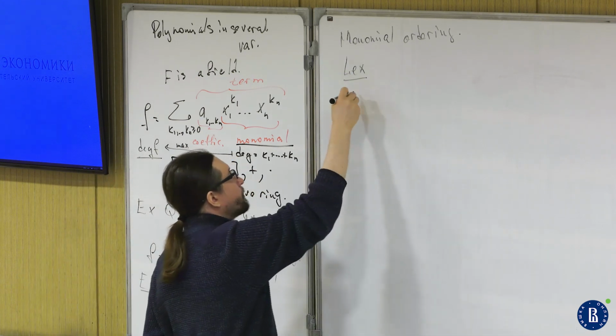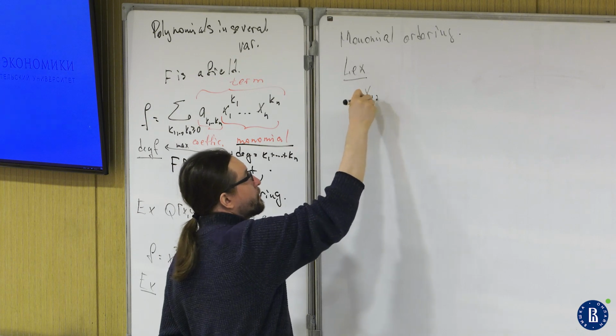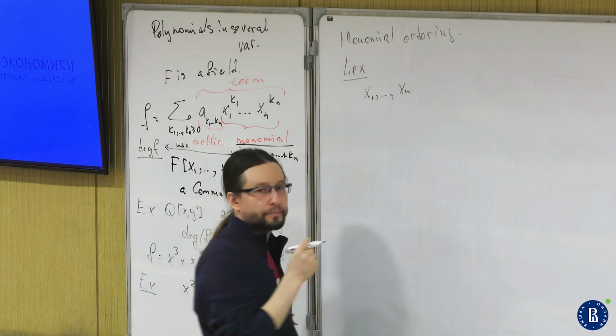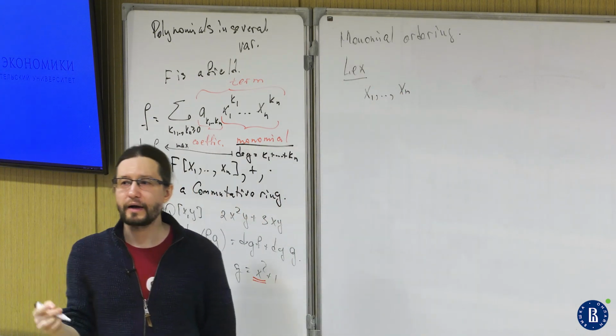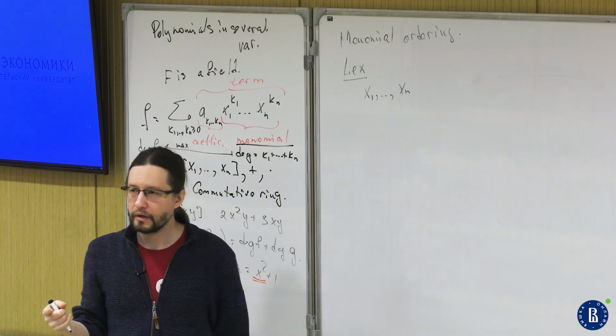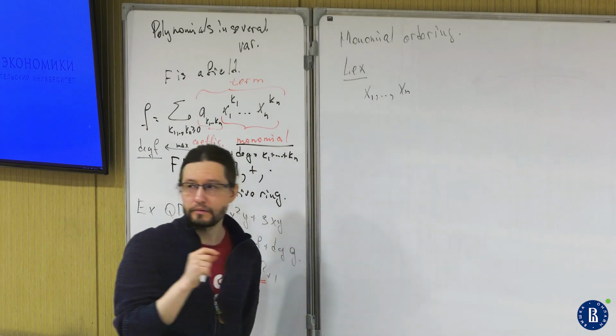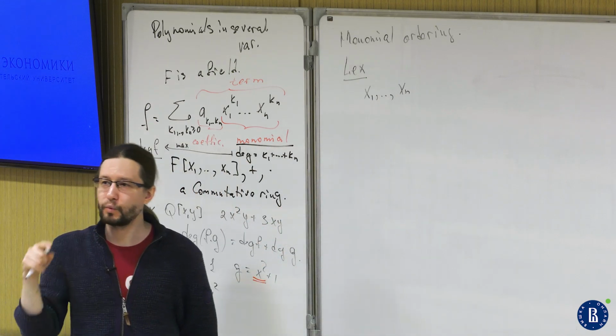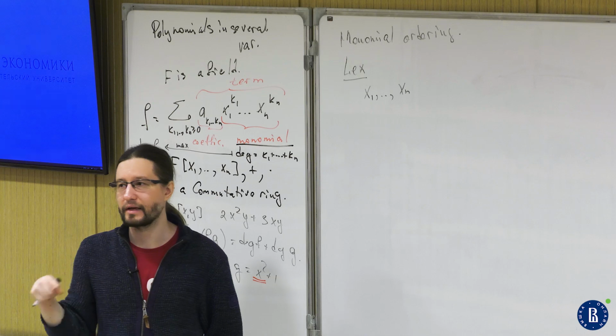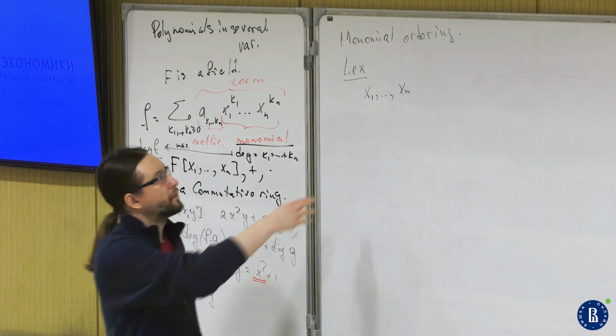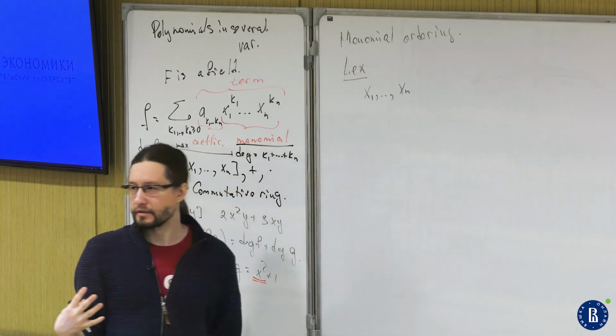First of all, suppose we have the variables x1, ..., xn. In order to define the lexicographical ordering, we need to define the order of the variables. So first, we need to specify which variable is higher than the other one. Here we have n factorial cases.